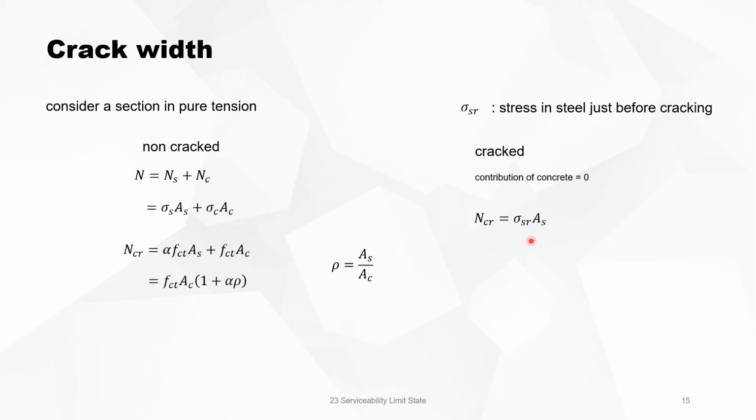Sigma SR is the stress in steel just before cracking. Now, just before and just after cracking, we can make them equal. And by doing so, we see that the stress in the steel just before cracking is the tensile stress in the concrete times a factor depending on the reinforcement. So remember this formula, we will need it just now.